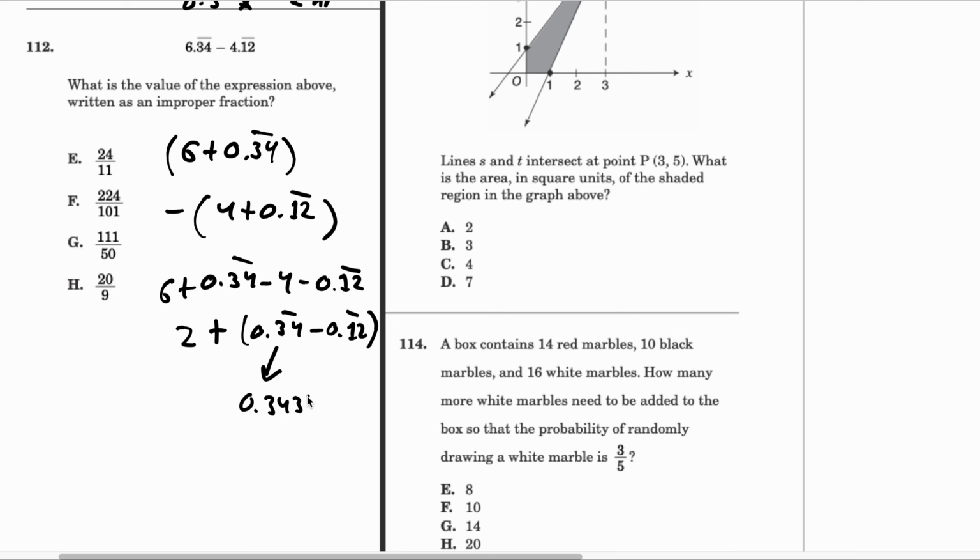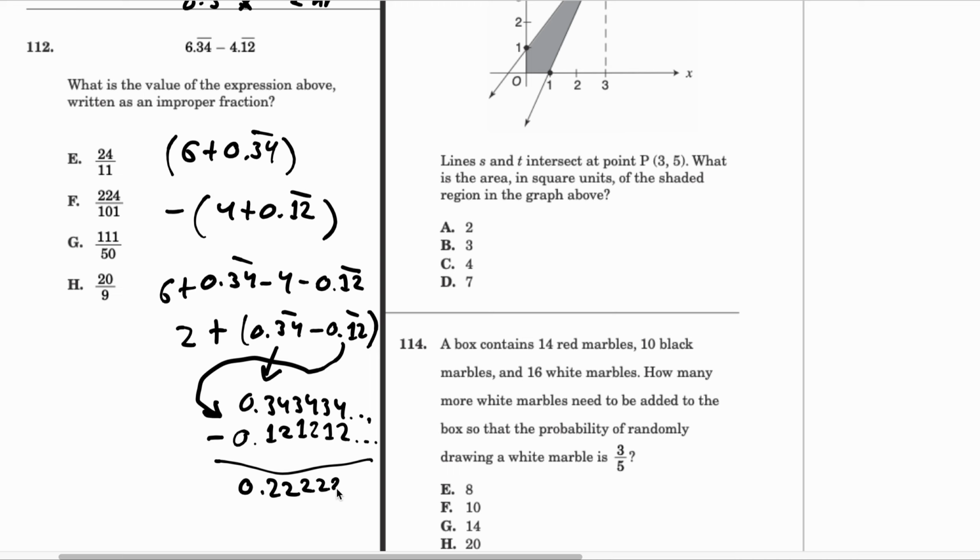So we have 3, 4, 3, 4, 3, 4, repeating, minus 0.12, 1, 2, 1, 2, repeating. And if we actually do this subtraction, we get 0.222222, right? I'm just subtracting each digit here. And this is just 0.22 repeated. So basically, this can be rewritten as 2 plus 0.22 repeating.